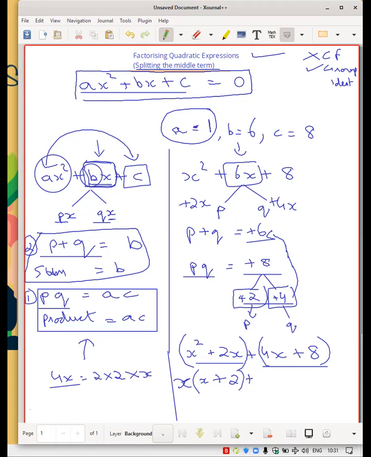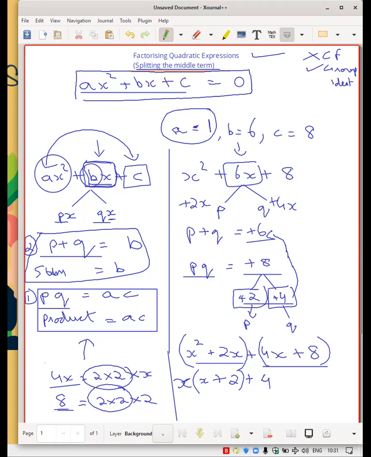Isn't that how we write this? Yes, sir. What are the factors of 8? 2 into 2 into 2. What is common in all of them? What is the highest common factor? 2 into 2. Sir, 4. So won't I take out 4 as the common factor?